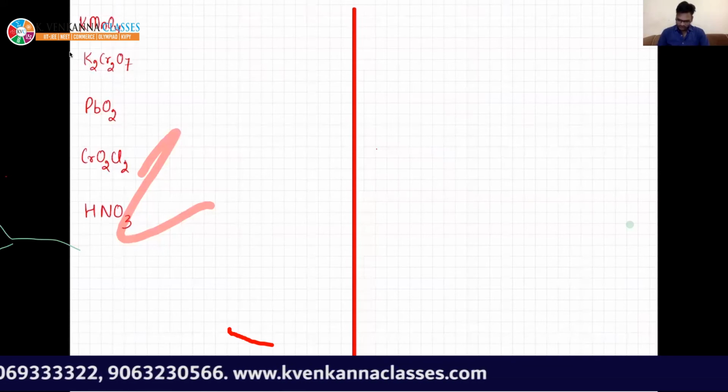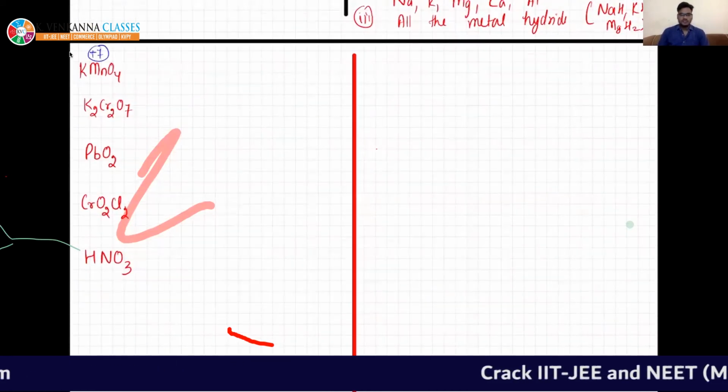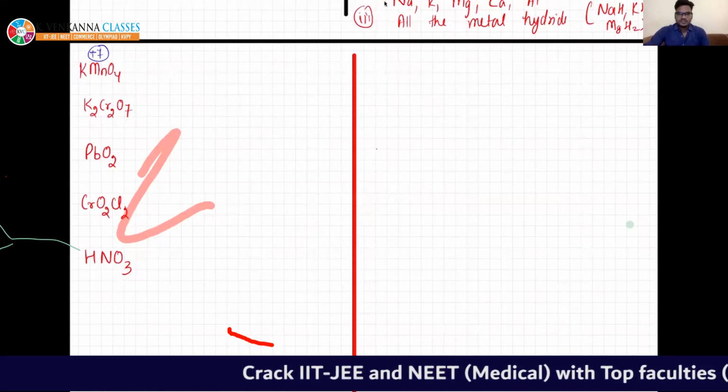In these, Mn is in +7, which is its maximum oxidation number. Okay, just a second.